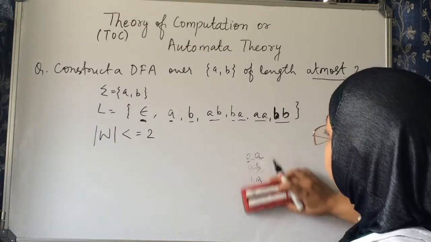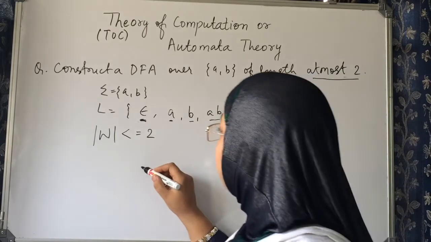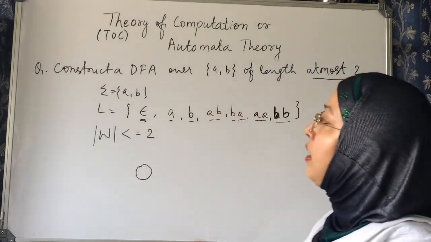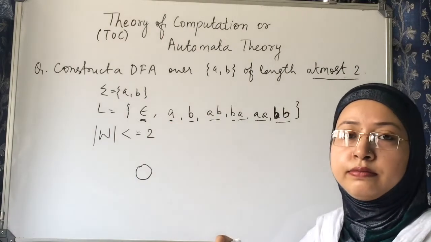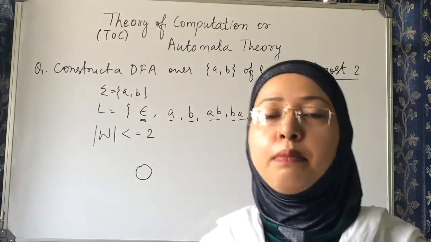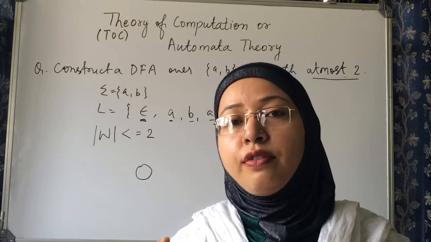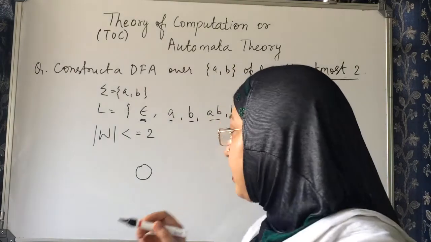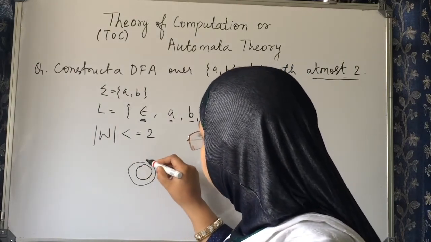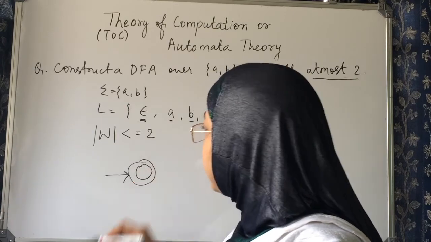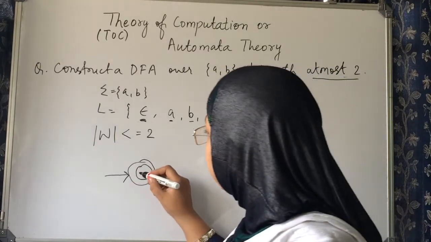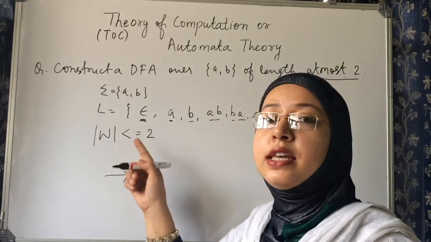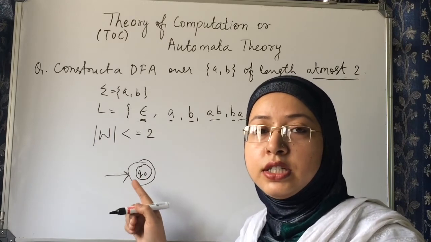So now let's make its DFA. Whenever your language contains epsilon, remember or make a note that we have to make the initial state also a final state. This is your initial state as well as your final state, Q0. Why? Because without accepting anything, it reaches the final state.